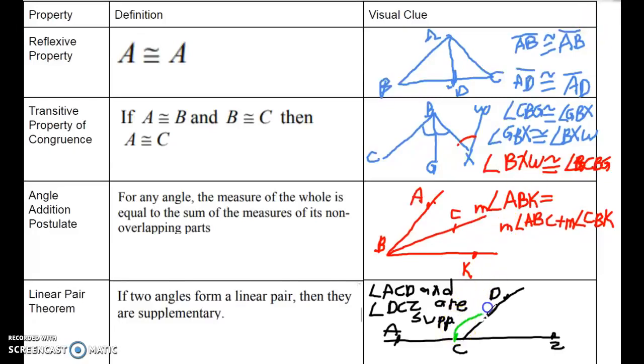So that means this plus this have to equal 180 degrees. So they are supplemental angles.